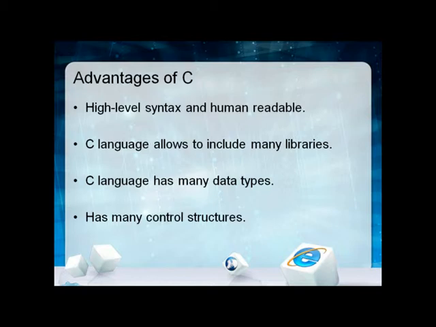C provides third-party library facilities. Using those libraries, a program can get services from the inbuilt functions and procedures. Another advantage of the C language is that it has many data types like integer, double, float, string, etc. And also C has many control structures like if else statements and for loops in order to handle conditional situations.